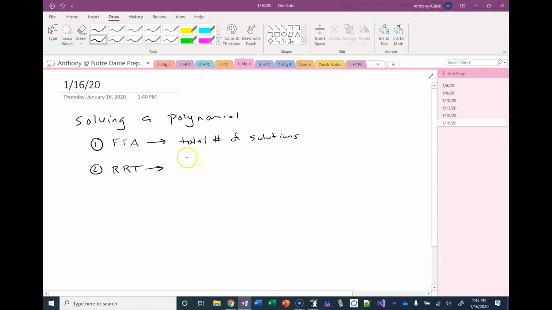Then we use the rational roots theorem to come up with the possible rational solutions. How do I do that?